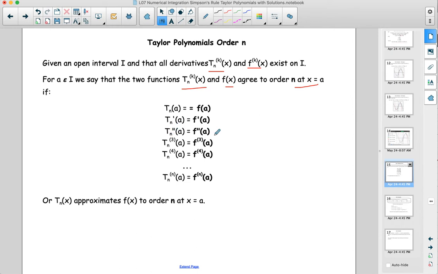The second derivative would be equal to that. Put a 5 there. The third derivatives would be equal. The fourth derivative of the Taylor fifth polynomial should be equal to the fourth derivative, and then one more. We would take T subscript 5, and the fifth derivative of it should be equal to the fifth derivative at a. So if we match, how far out do we match?